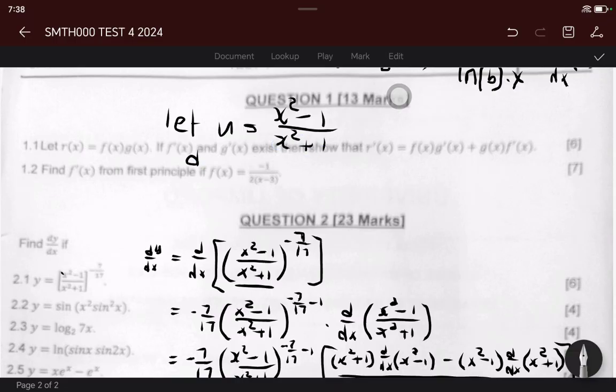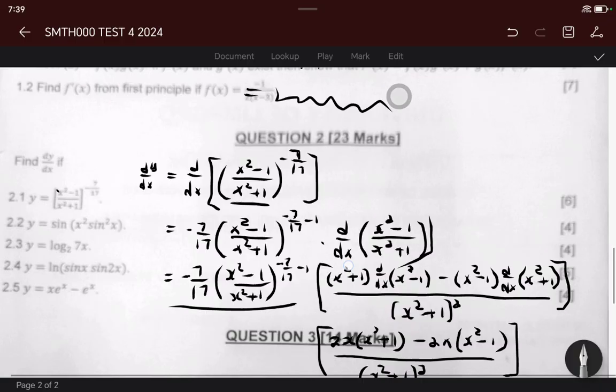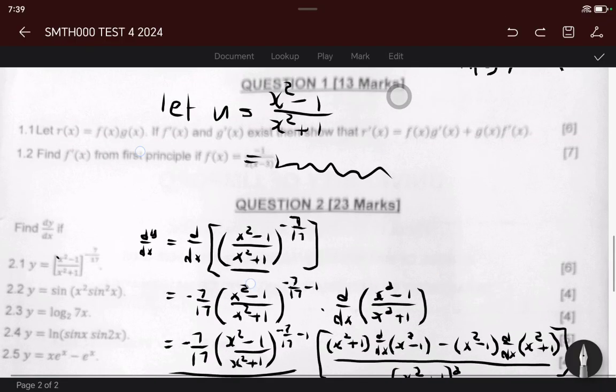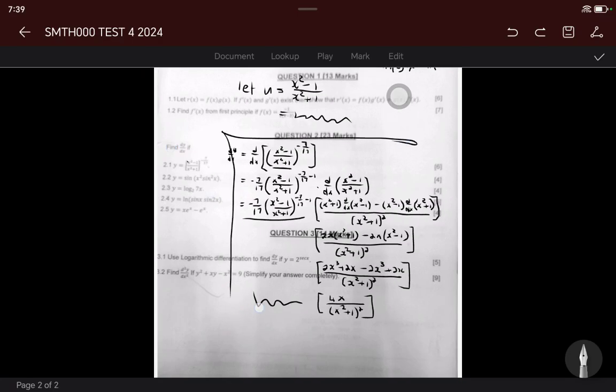Then you just derive both sides, and you see what you get. Then after that, you come back to plug it here. So that will be the case. But this one is much preferred to letting the function inside be something.